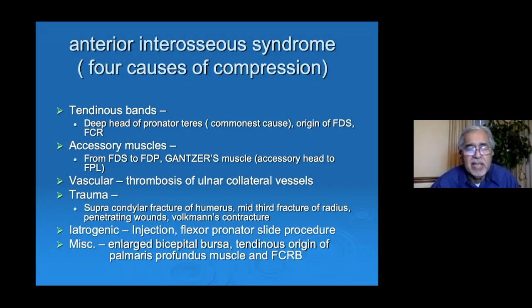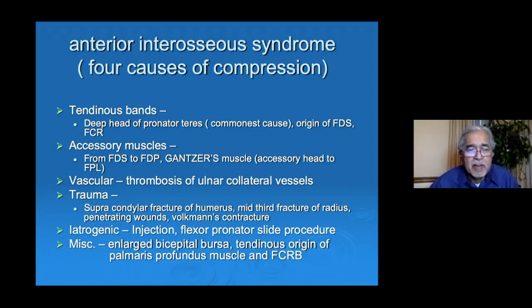Now, remember one thing: this is just starting when the pronator syndrome has ended and the anterior interosseous syndrome has started. Again, accessory muscles, FDS and FDP compression is there. There's a muscle called Gantzer's muscle, accessory head of the FPL muscle, that can also cause the problem of anterior interosseous syndrome. By the way, remember this name, Gantzer's muscle, because it's always in the board exam, though hardly anybody has seen this muscle.